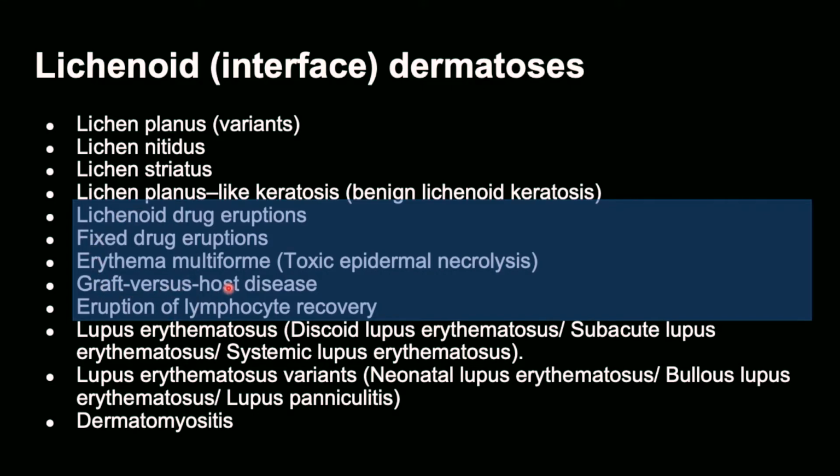the lichenoid lesions that are related to medication or infection, like erythema multiforme. But before we do that, I just want to say briefly about LPLK, or lichen planus-like keratosis.